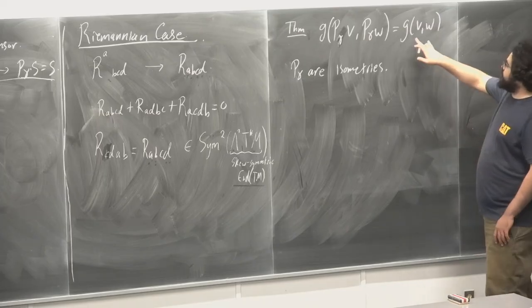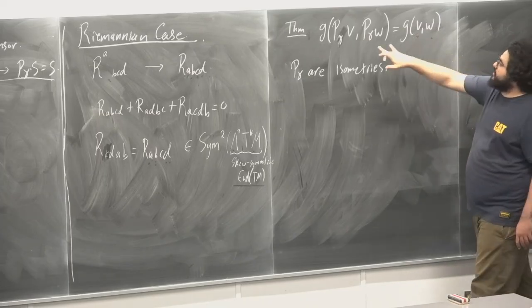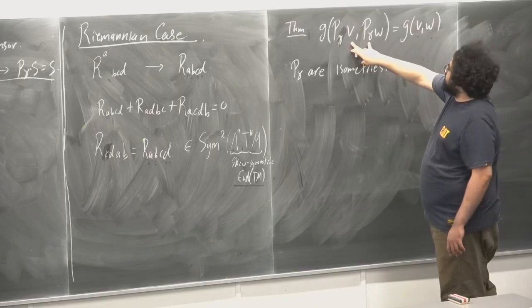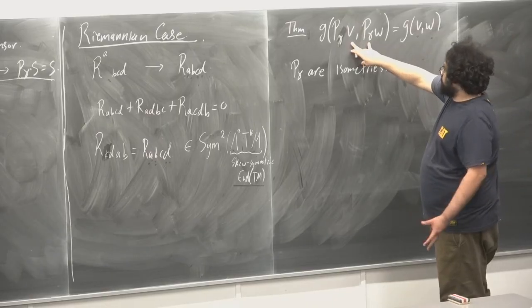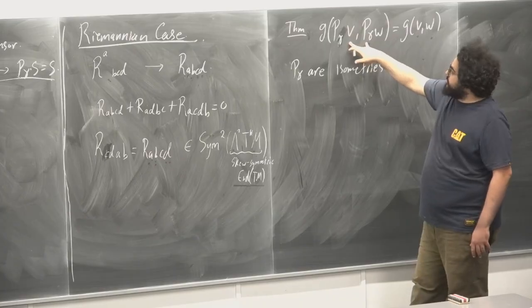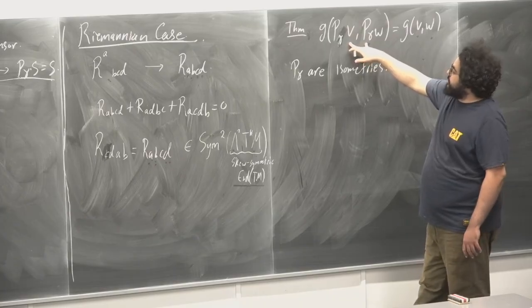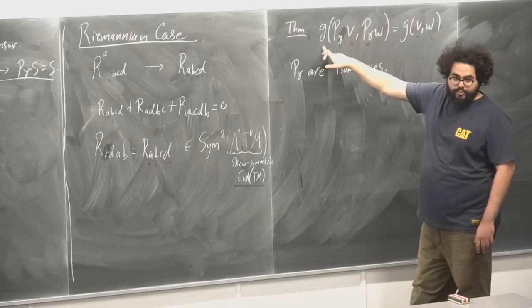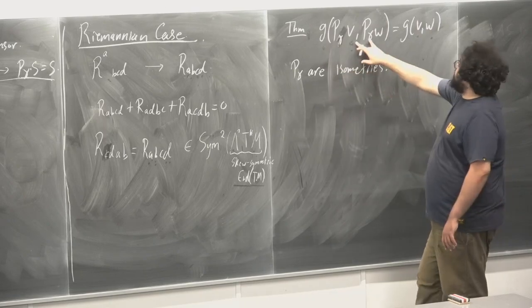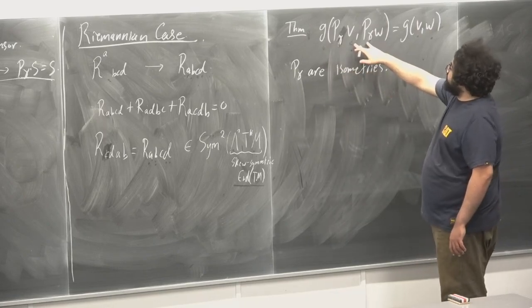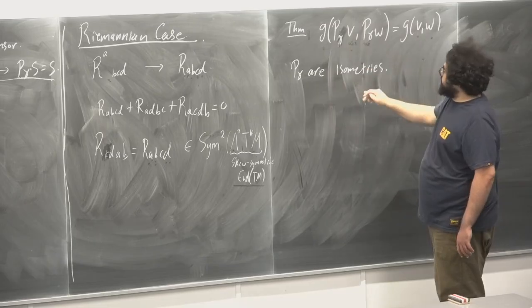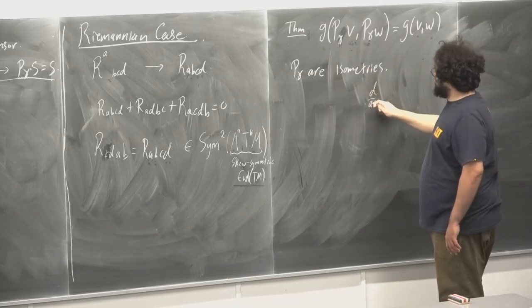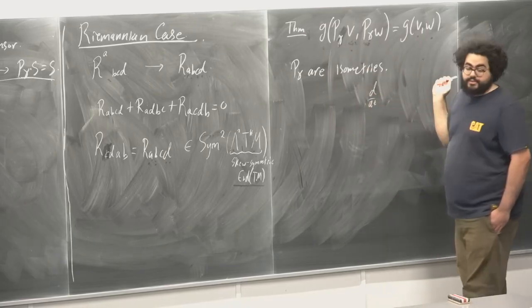Proof sketch is you'll write down this thing and you sort of use the fact that the connection is metric preserving, and then actually write down this thing as a function, take a derivative with respect to t, and show that that's equal to 0.